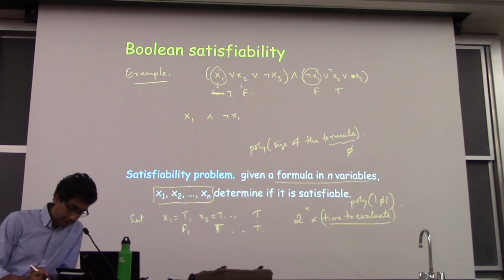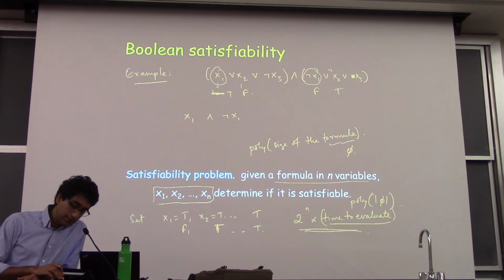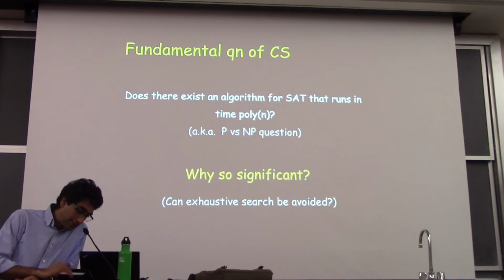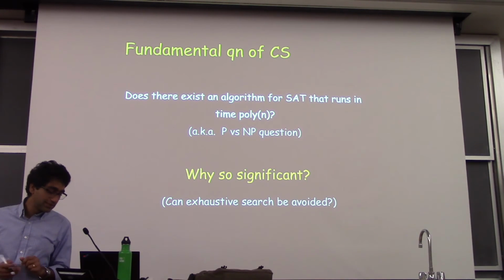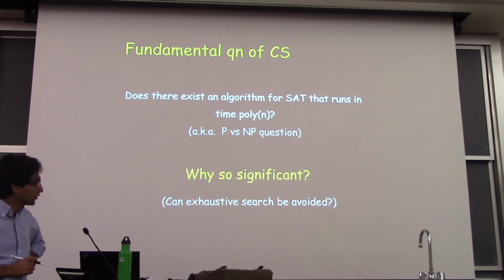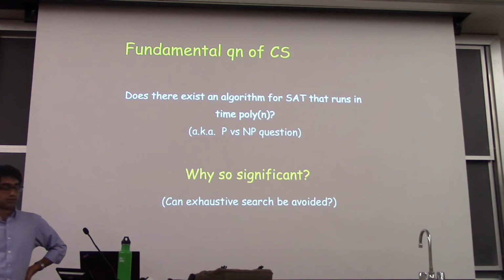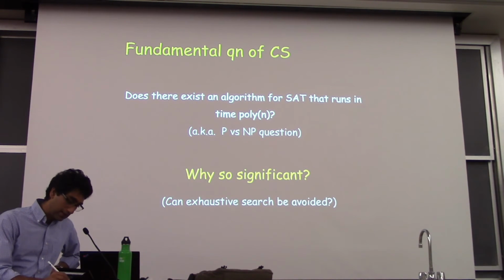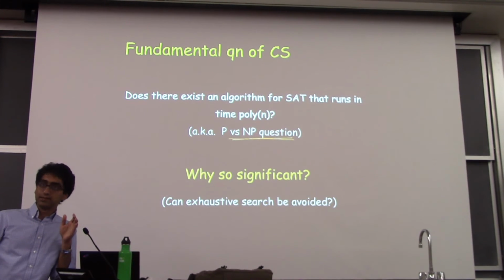So you have this as the running time, and the basic question, one of the most fundamental questions in computer science, is: is there an algorithm for this Boolean satisfiability problem which runs in time polynomial in n? This is also called the P versus NP question. Essentially what we are asking is, for satisfiability questions like this, can you avoid exhaustive search?